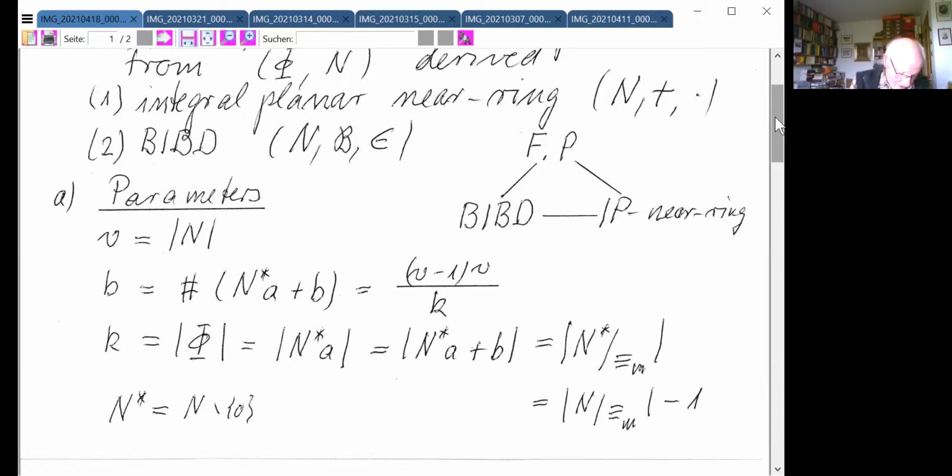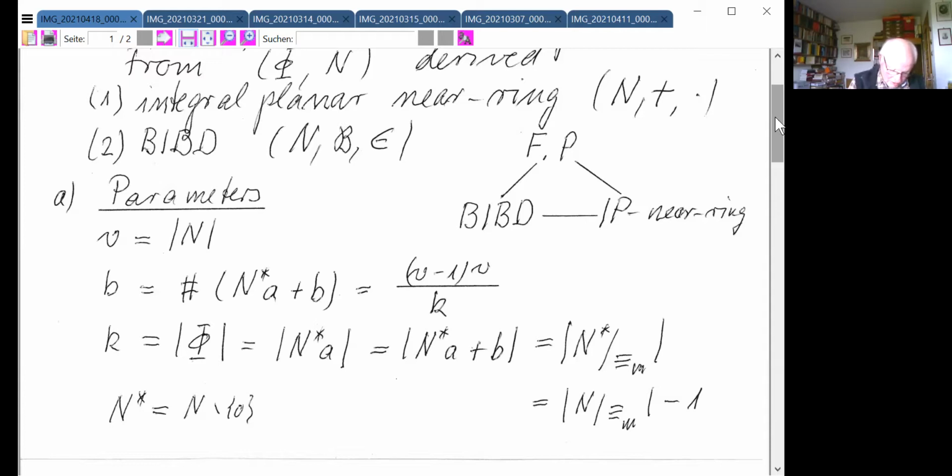This means, and this is the number of points which we, for A we have v minus 1 choices, and for B we have v choices, v minus 1 and v choices over k. Now k is of course the order of phi, and this is the order of one of these basic blocks.